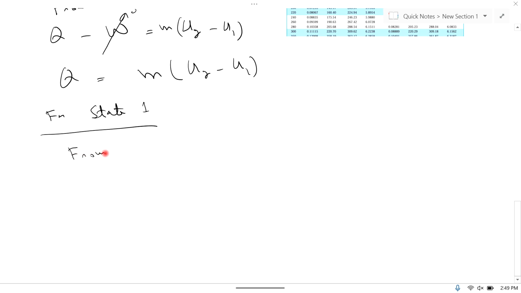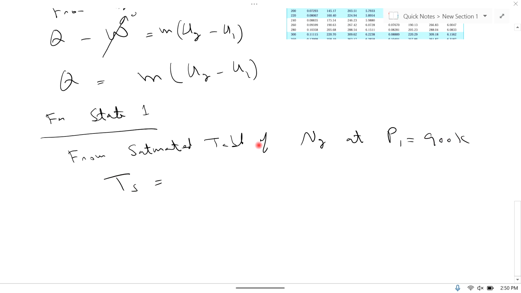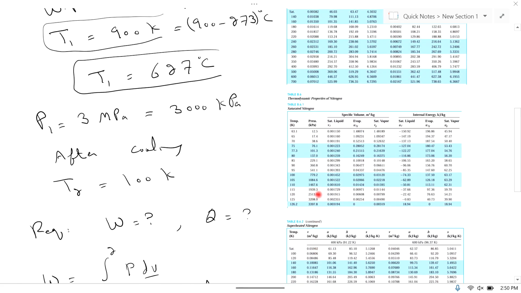So from the saturated table of nitrogen, at pressure P1, find the saturation temperature.